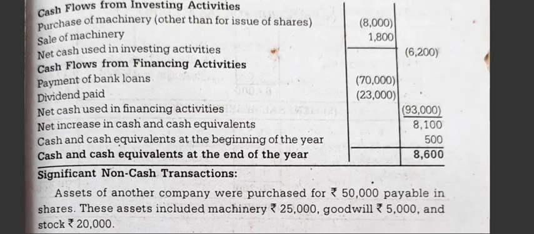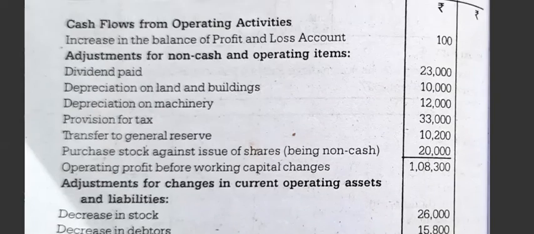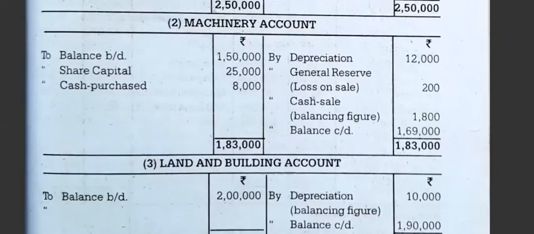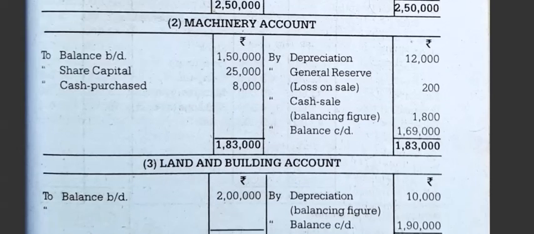See, purchase of machinery, you just check the account. Purchase of machinery is a balancing figure. Say machinery purchased 8,000, other than share capital which is 25,000. It is machinery purchased 8,000 rupees. That you have to show here.